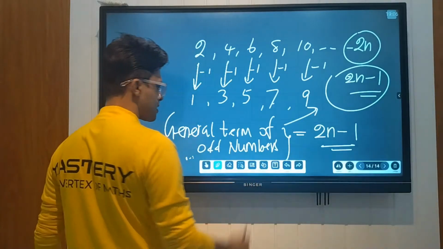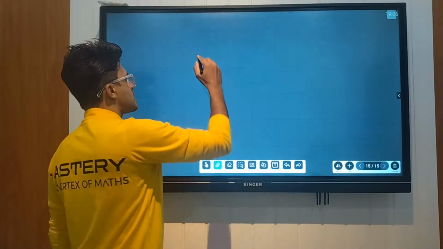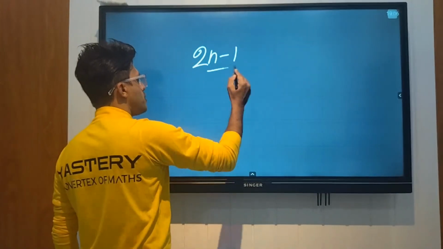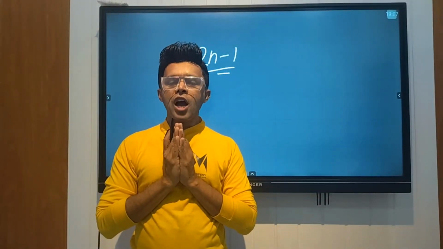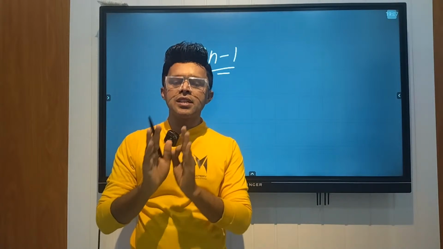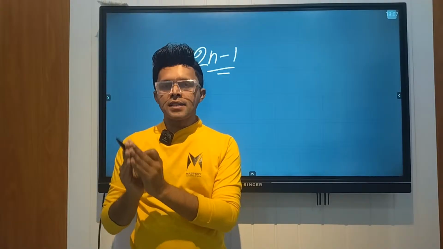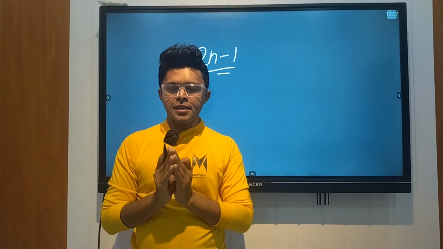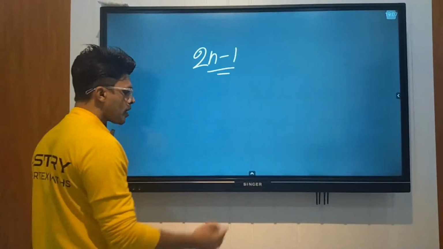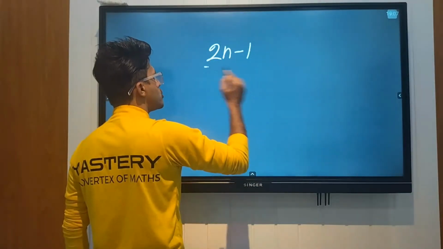Bear in mind that the general term of odd numbers is 2n minus 1.